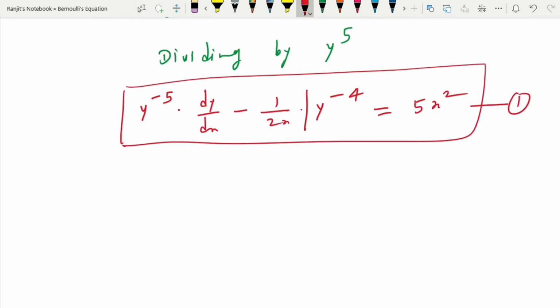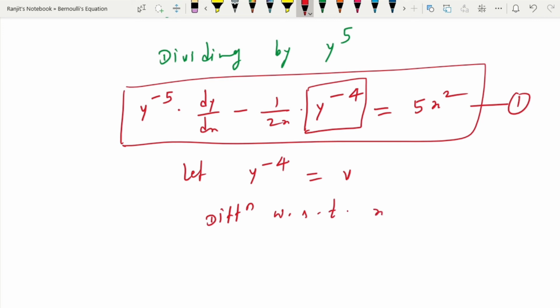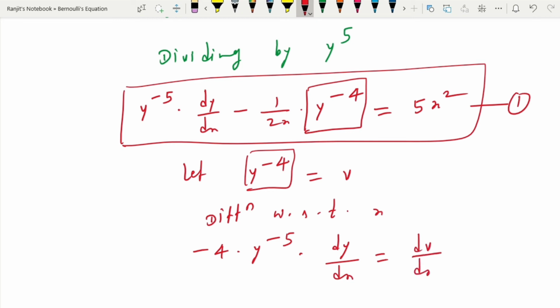Now let y to the power minus 4 be equal to v, and differentiating this with respect to the independent variable x, the derivative of y to the power minus 4 is minus 4 y to the power minus 5 times dy by dx is equal to dv by dx.